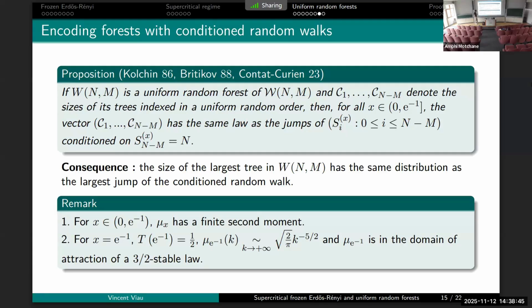And if you take x to be in the extreme case, exponential -1, thanks to a scaling formula, you can compute the tail asymptotics of the measure mu of exponential -1. In this case, you are in the domain of attraction of a 3/2 stable distribution. Whatever, the idea is just that we reduce the problem to some random walk model.